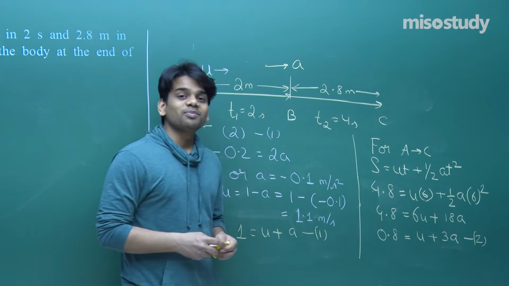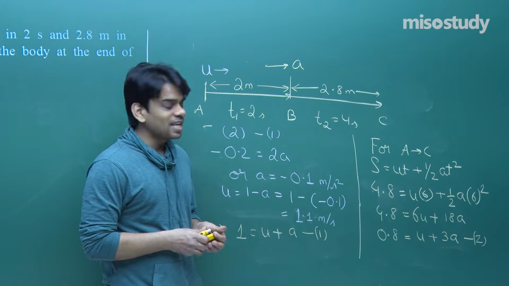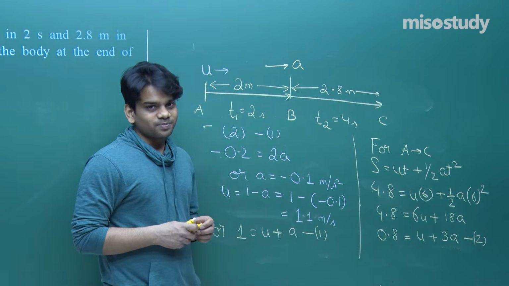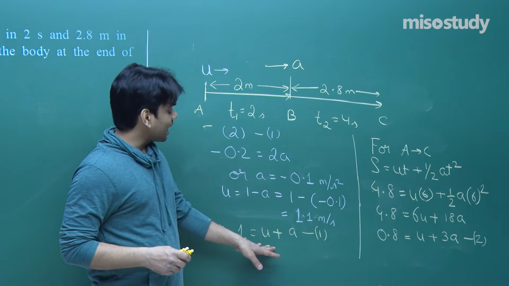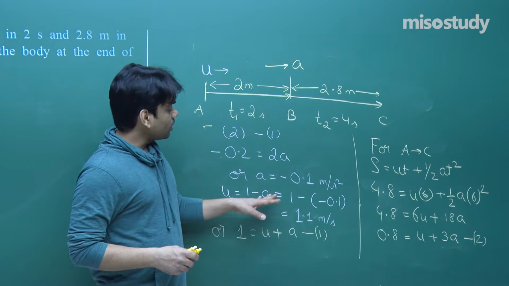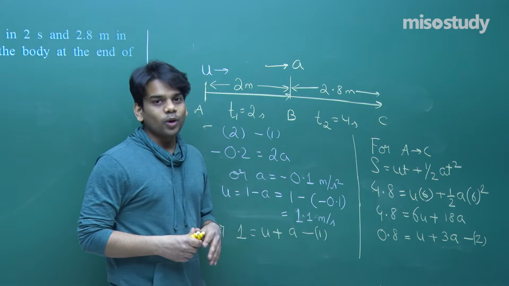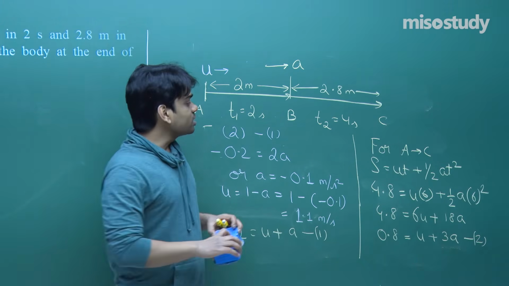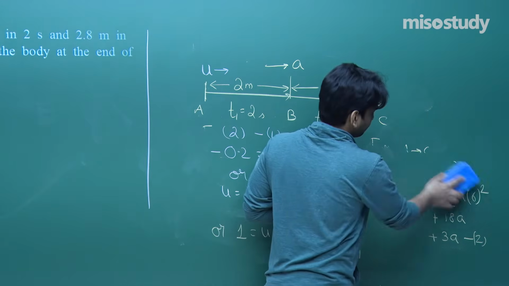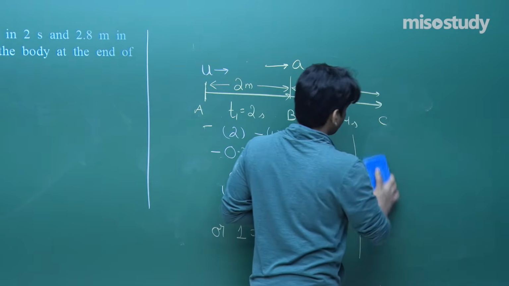Acceleration is negative, that actually makes us understand that it is a case of retardation. We also evaluated the value of u from this value of acceleration, that is 1 minus a. So 1 minus 0.1 will give you 1.1 meter per second, that is the value of initial speed. Now what is the speed after 10 seconds?